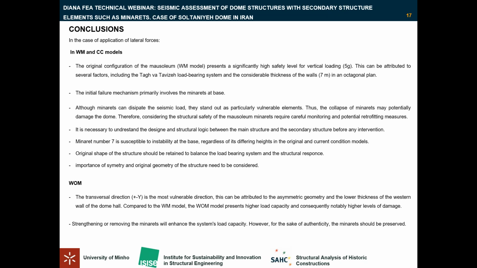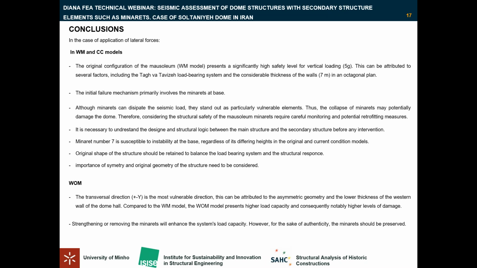This can be attributed to several factors, including the load-bearing system of the structure, which is called tagh va tavize in Persian, and the considerable thickness of the walls of the octagon, which are the main wall of the structure.